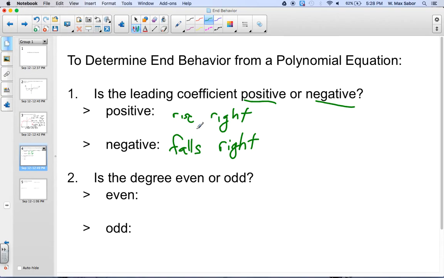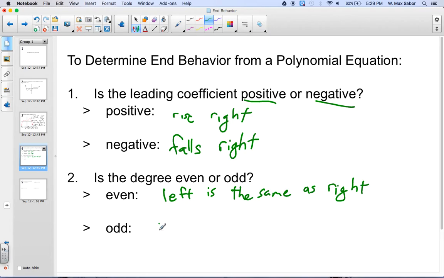Then once we know that, we can check whether the degree of that first coefficient is even or odd. So if it's even, then we will know that the left is the same as the right. So either they both are going up or they're both going down.